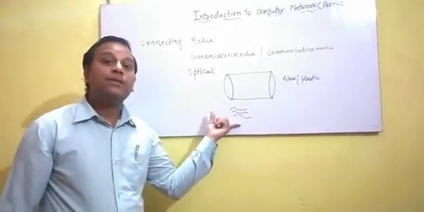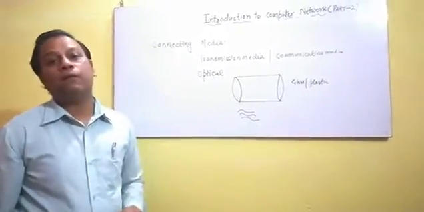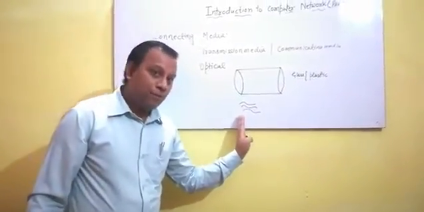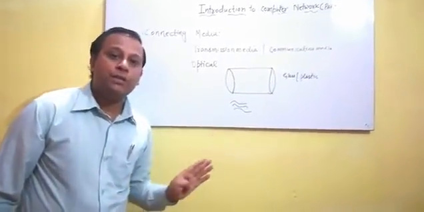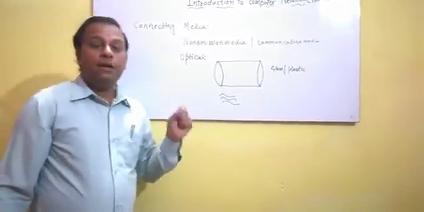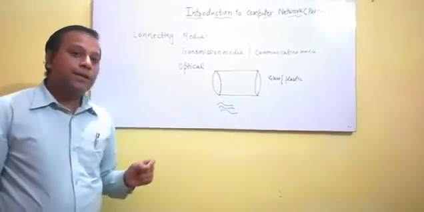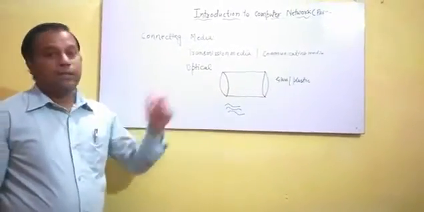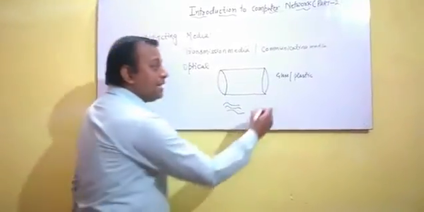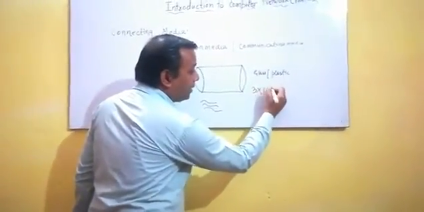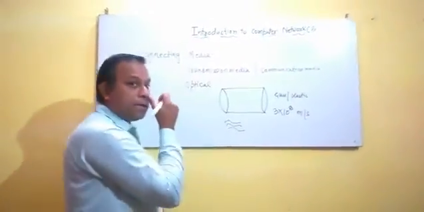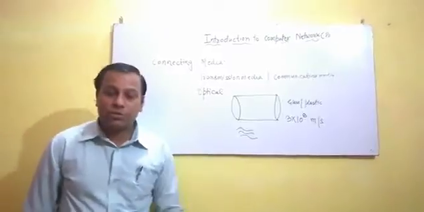They can transmit the signal with the help of light, using a concept of physics called total internal reflection. After total internal reflection, they transmit the data. It means they are so fast because light travels at the rate of 3 into 10 raised to power 8 meters per second. It means it is the best.